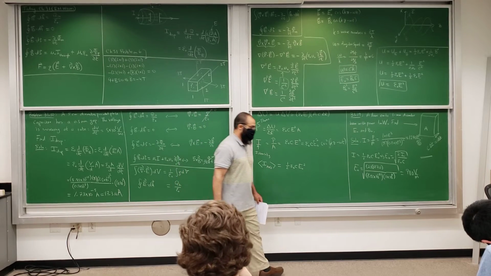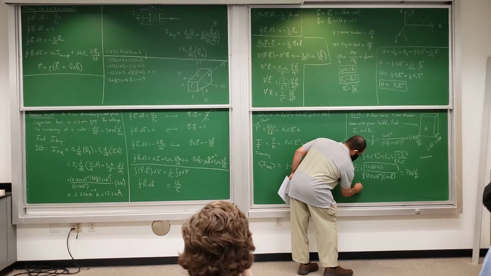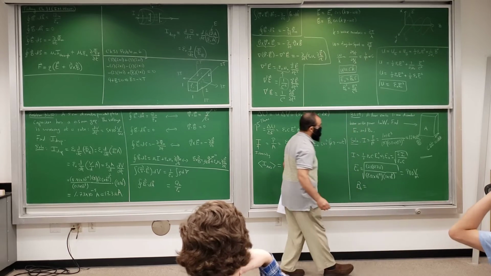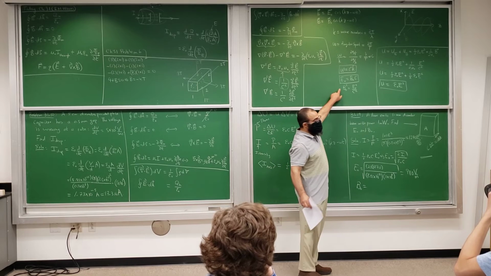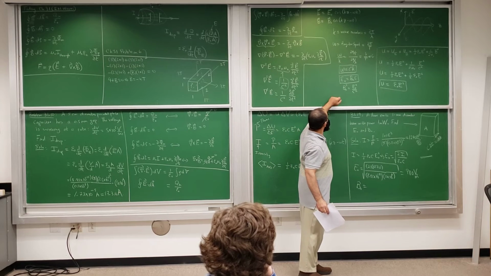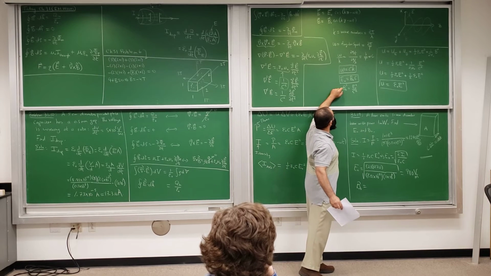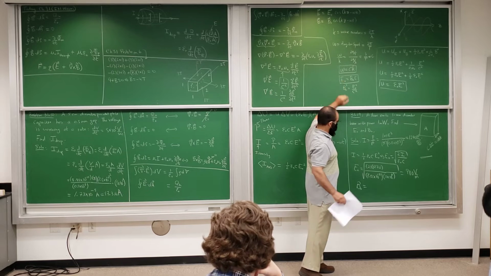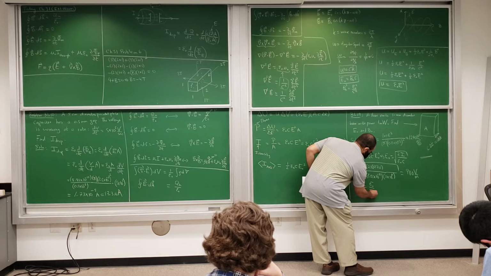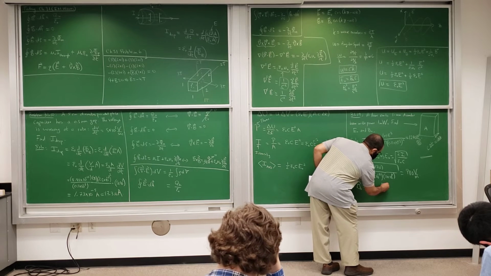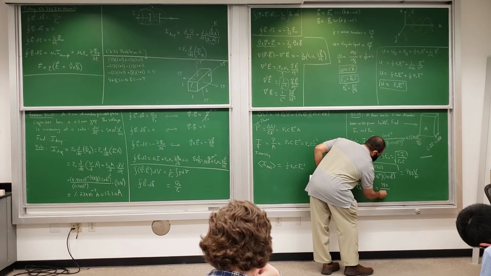Once you know E, you can figure out what B naught is. How is it related to E? E naught divided by C. So you get 980 over C, which is 3 times 10 to the 8.